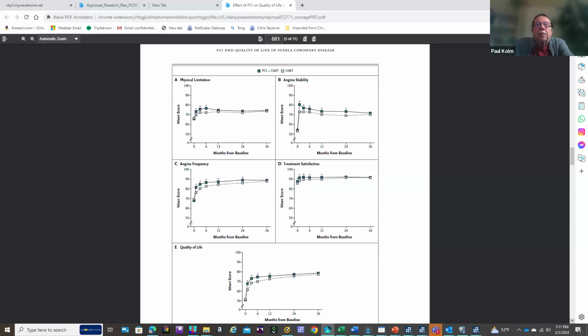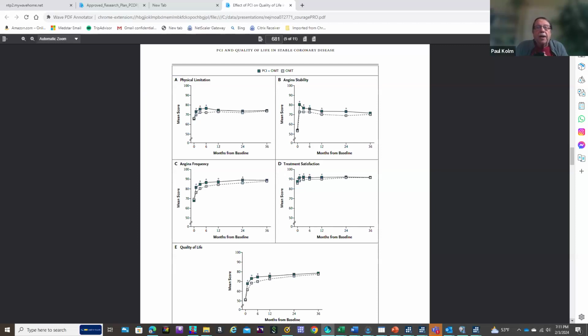And so what we can conclude, and what was concluded, was that initially patients that received PCI rather than just medical therapy alone did better out until about 24 months.